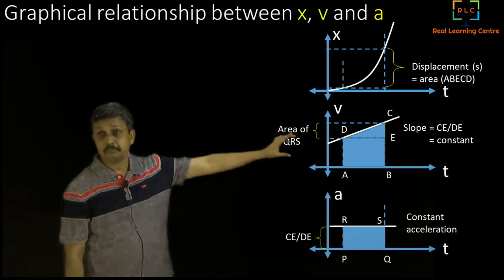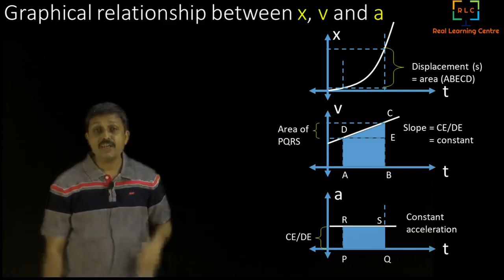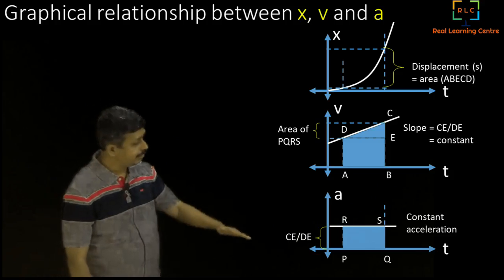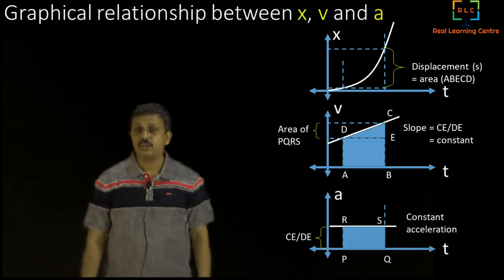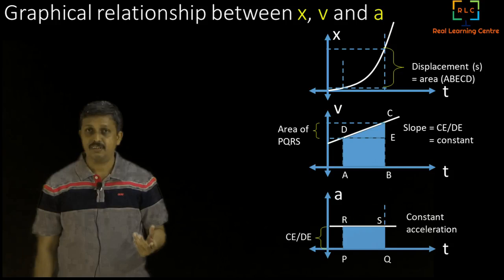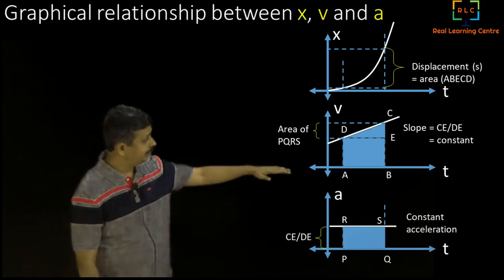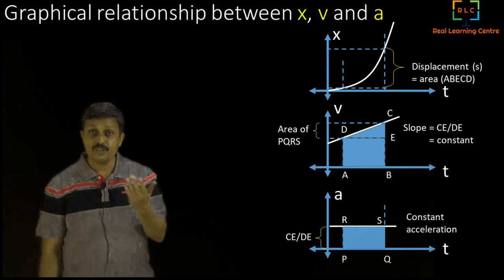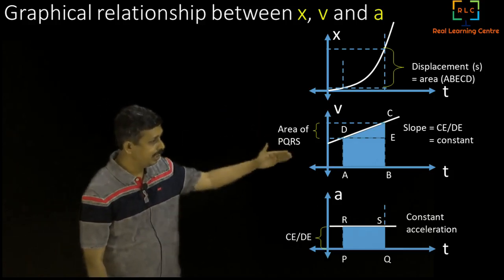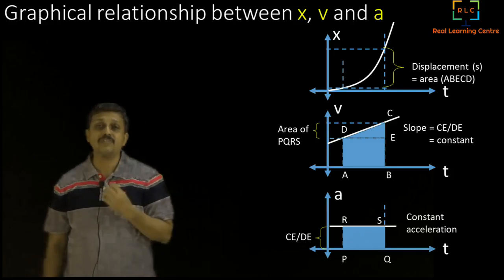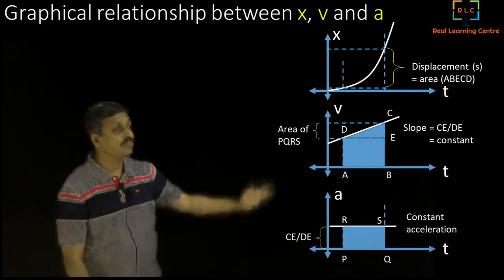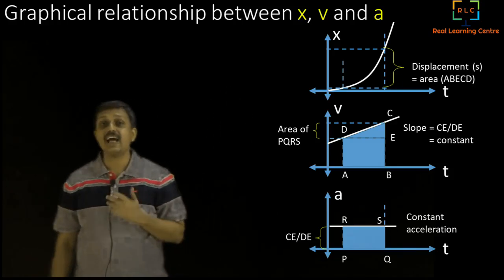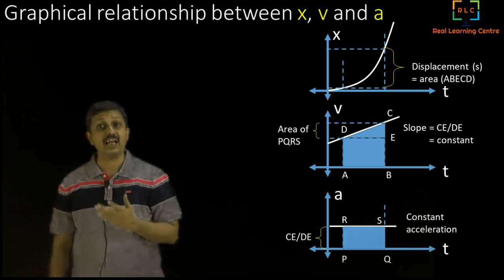So you got that there. Whenever you go from acceleration to velocity, you have to deal with areas. Whenever you go from velocity to x, you again deal with areas. However, if you go the other way around, x to v and v to a, you have to deal with slopes. That is what we have shown you in this graphical relationship between x, v and a.